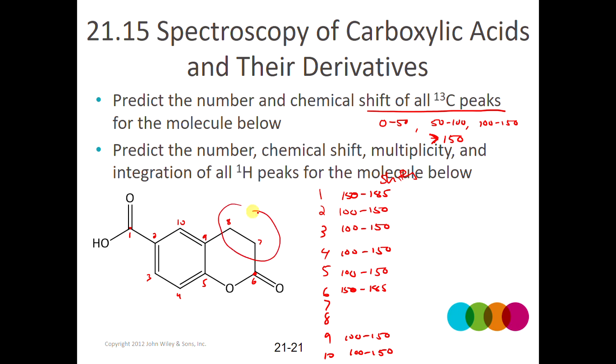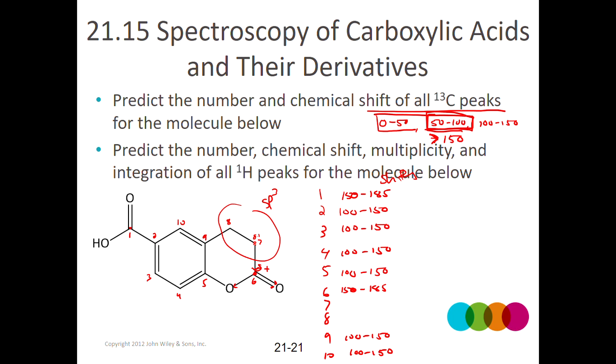Carbons 7 and 8 are both sp3. So sp3 carbons come between 0 and 50 or between 50 and 100 depending on whether or not there's a highly electronegative atom directly attached to the carbon, which would cause it to be deshielded above 50. If not, it's usually going to be below 50. Carbon 7 is another carbon away from this oxygen. The oxygen is withdrawing electrons, and so is this one, creating a large partial positive here, and that will withdraw electrons and create a partial positive there.